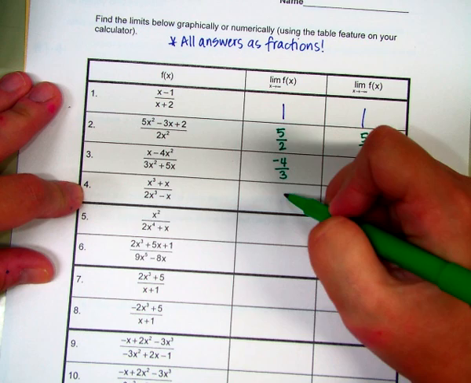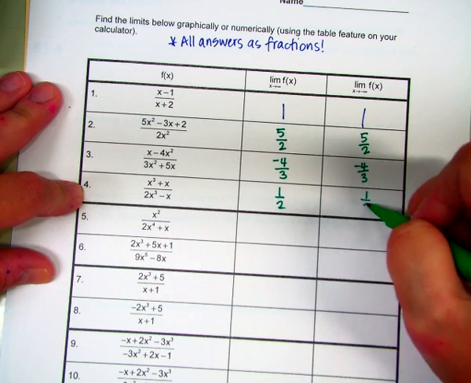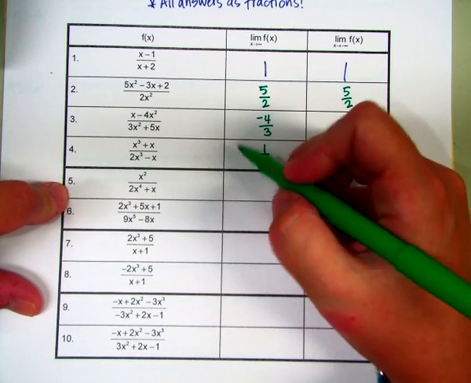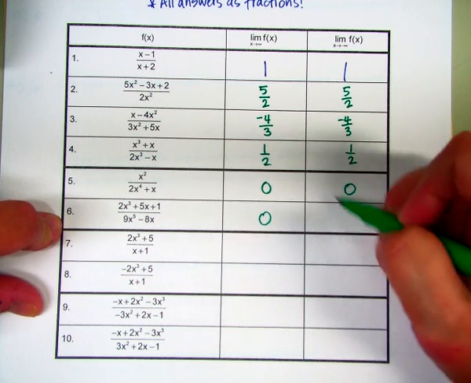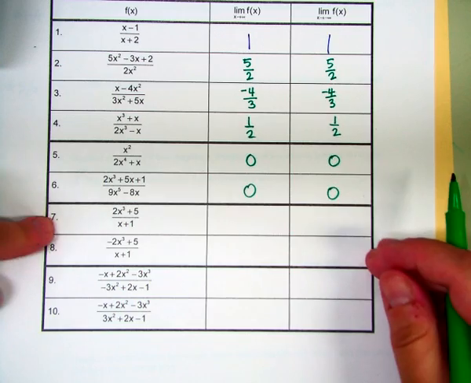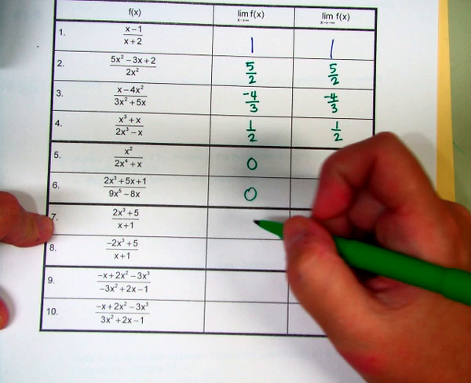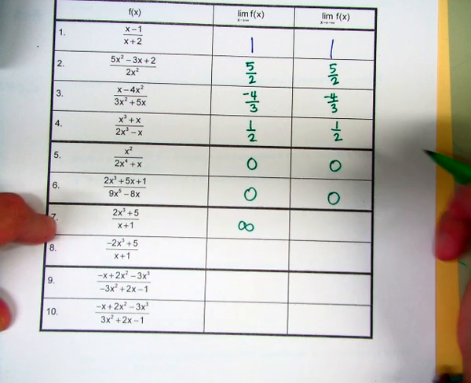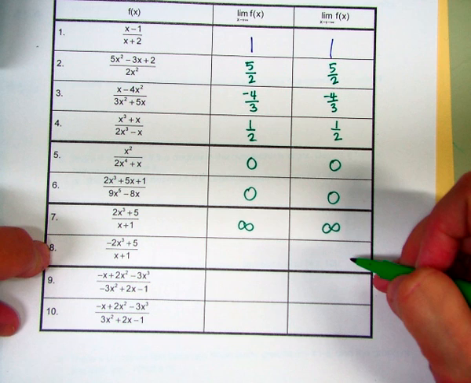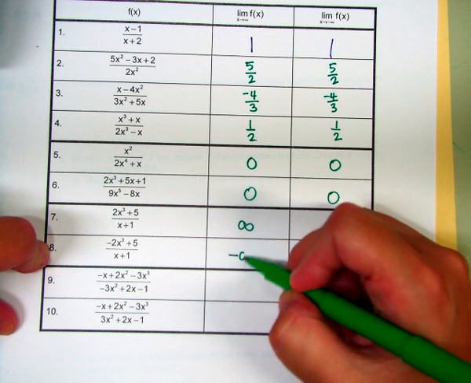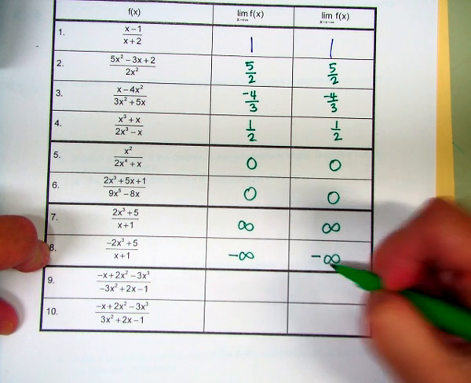When I look at number 4, your answer should be this. Number 5, I believe you got 0 for both of these. Number 6, zeros again. Number 7, this one should be positive infinity, and this should be positive infinity. Number 8, we should have negative infinity and negative infinity.